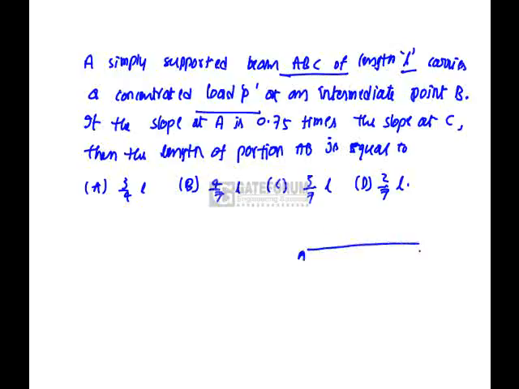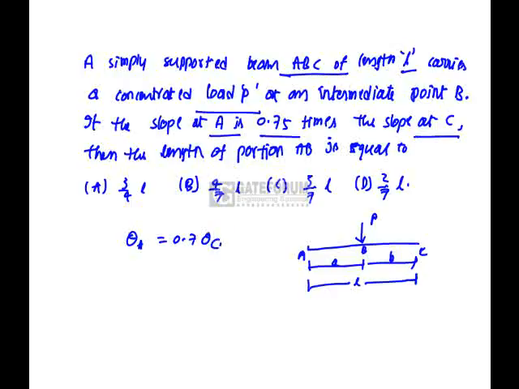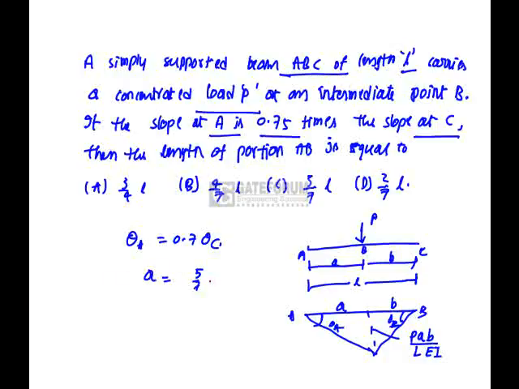If you see the figure A, B, C, we don't know the distance, but the entire distance is L. The condition is given as, if the slope at A is 0.75 times the slope at C, theta A is equal to 0.75 times theta C. If you see the slope diagram, the maximum deflection that is going to be there because of this load P is P a b by L E I. If you draw the triangle from the symmetrical triangles, we can say tan theta, theta 1, theta 2, theta A, theta B. So we can get that a is equal to 5 by 7 L. So option C is correct.